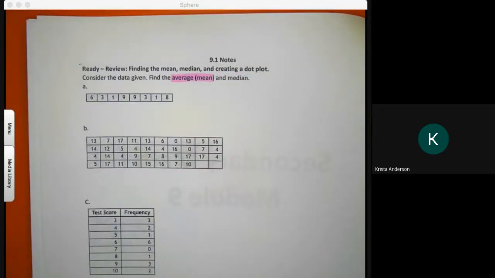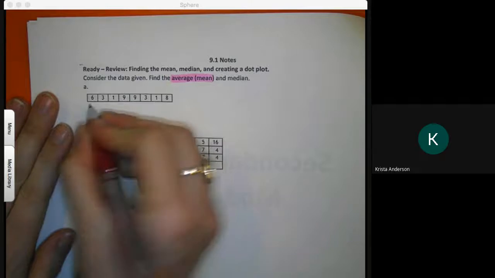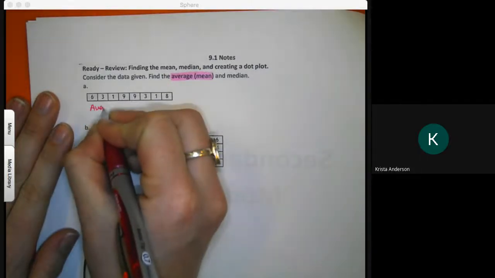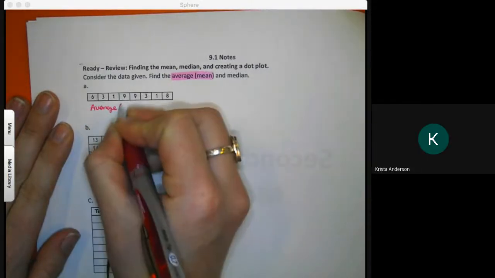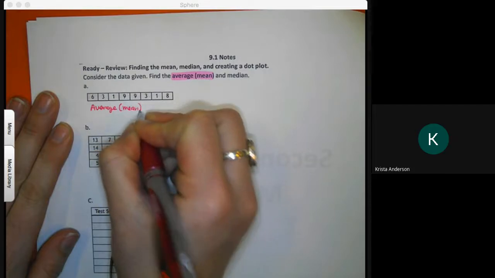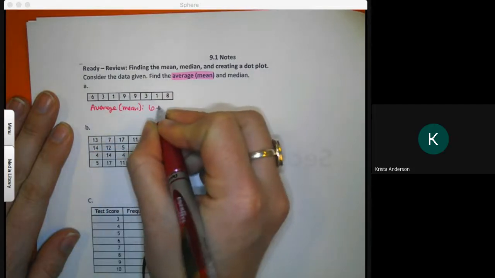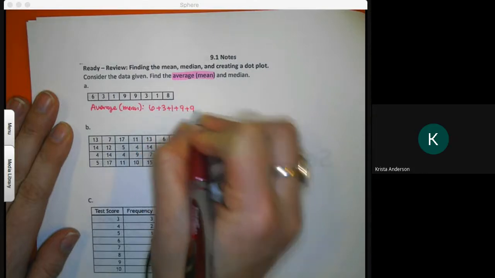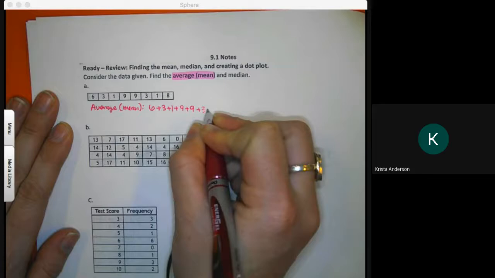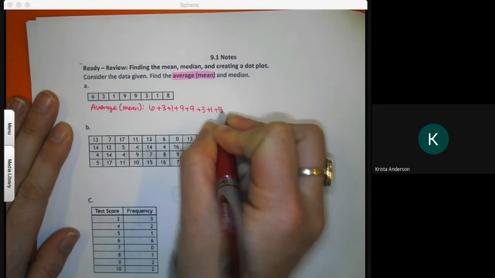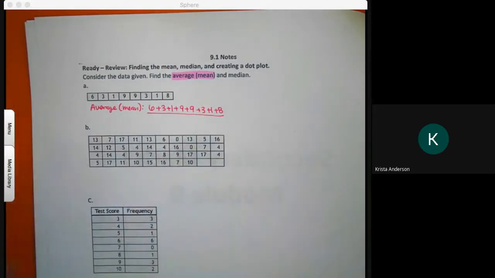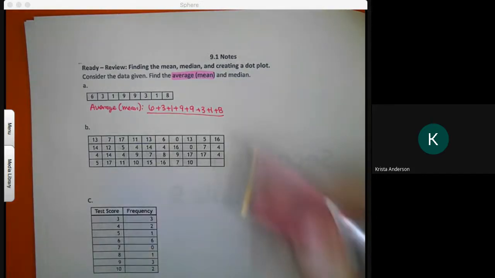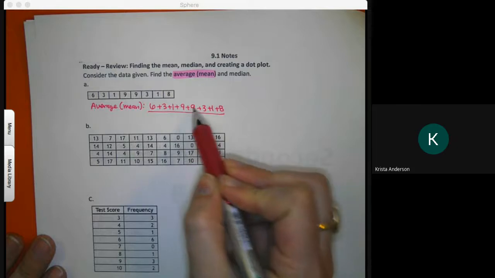I'm going to take these values: 6 plus 3 plus 1 plus 9 plus 9 plus 3 plus 1 plus 8, and divide it by what number? 8. 1, 2, 3, 4, 5, 6, 7, 8.